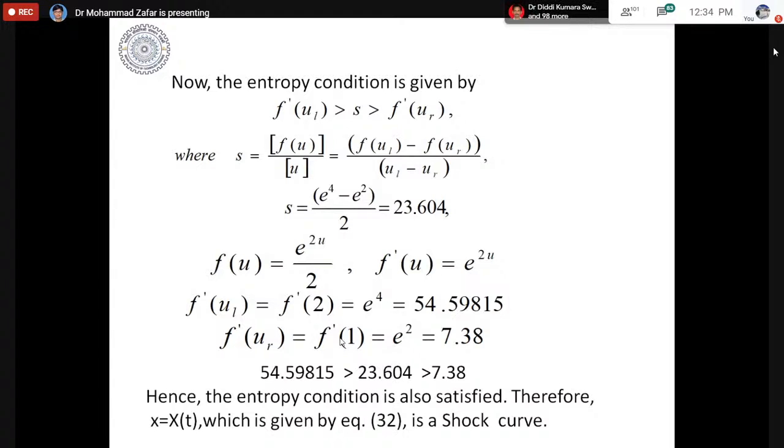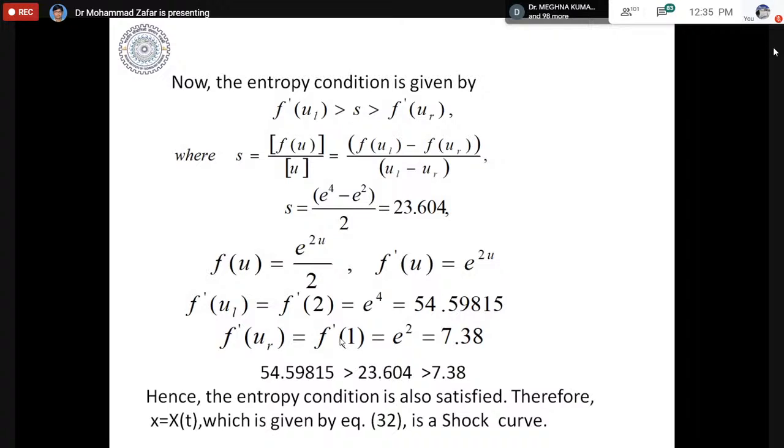The entropy condition was f'(ul) greater than s greater than f'(ur), where s is the jump in f upon the jump in u, which is f(ul) minus f(ur) upon ul minus ur, where ul is the left hand limit and ur is the right hand limit across the discontinuity curve gamma.